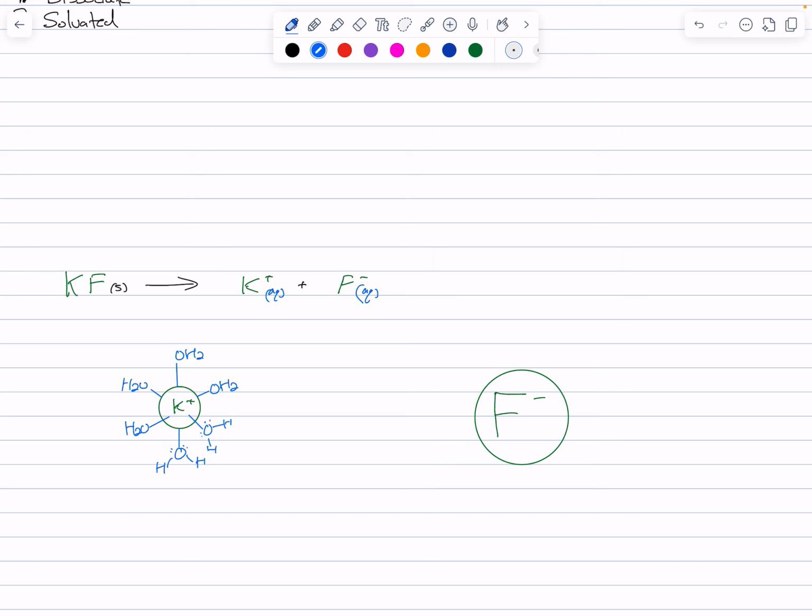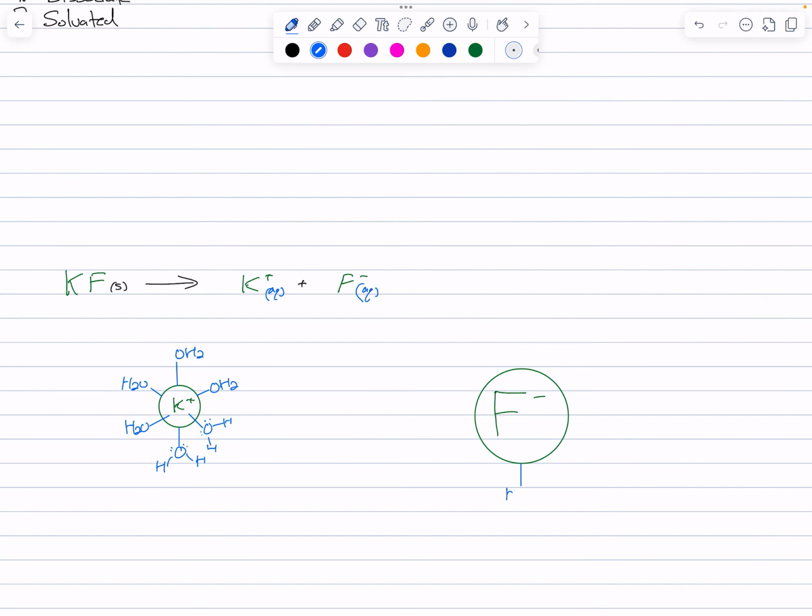And then fluoride, of course, even though it's bigger, it still only has 6, but it's the H's that are around fluorine. If that makes sense to you guys. All right? So that's a solvated ion.